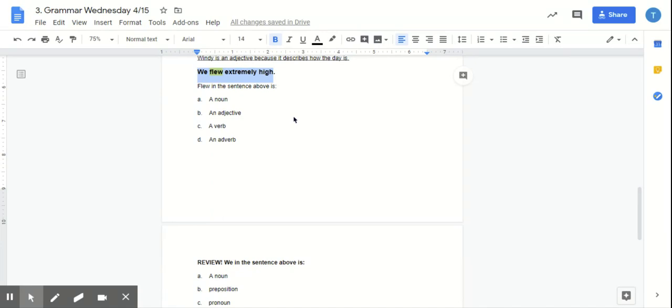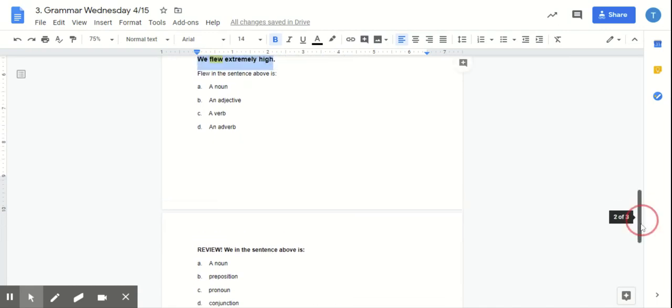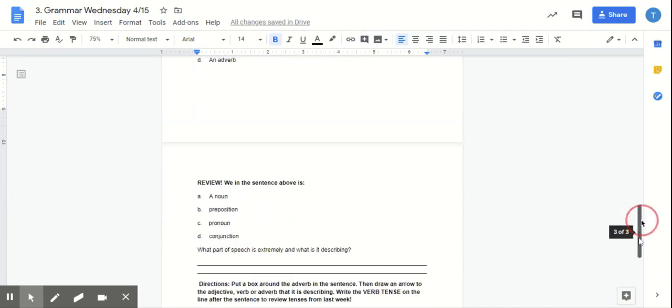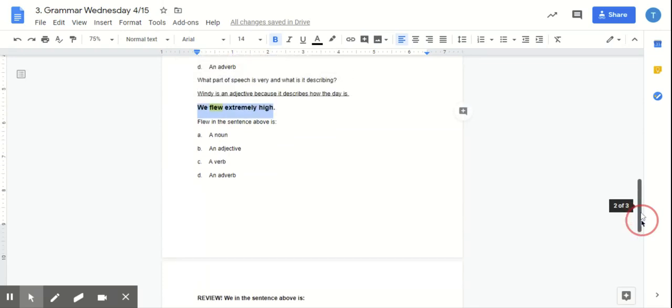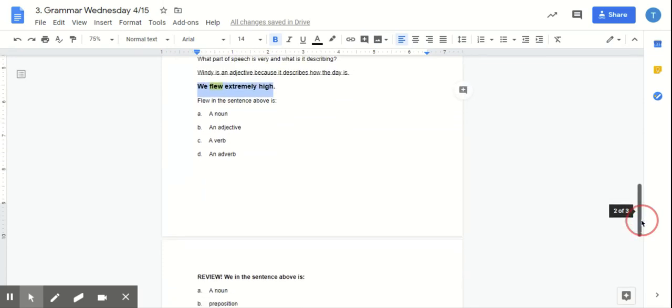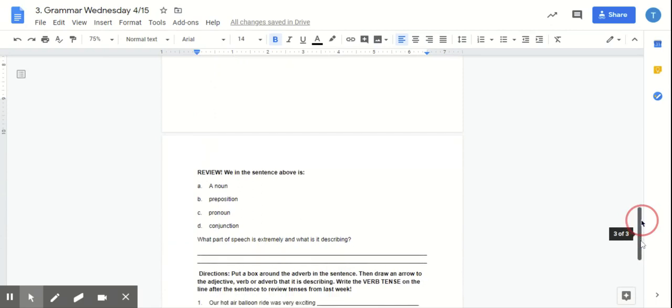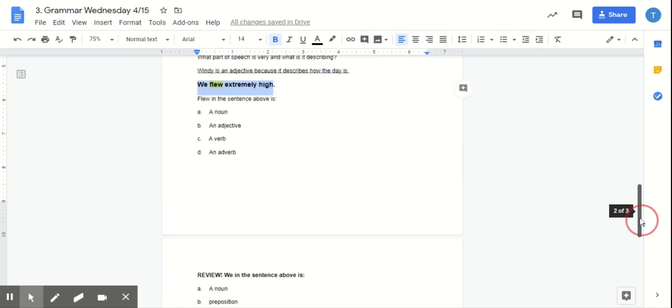So "high" is what in the sentence? Right? And then adding on to that, "extremely" is the adverb that is telling us how high they flew. It also helps to identify that because it has "ly" at the end. Again, not all adverbs have "ly" at the end, but the majority of the time when you see that and it's describing something in the sentence, like a verb, as in how high somebody went, then that is the reason why this is an adverb.